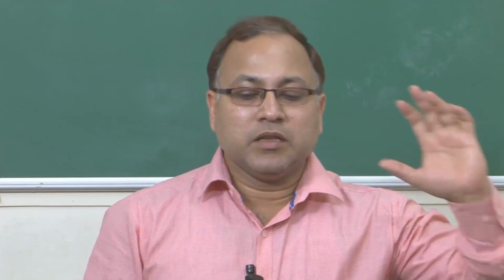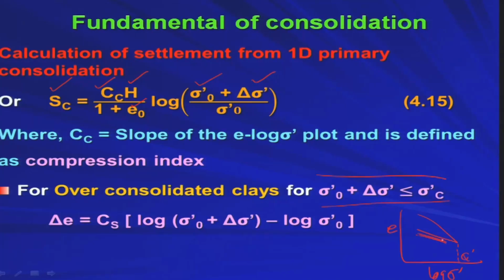In the over consolidated clay, delta e is equal to Cs, some constant, we will see what Cs is, into log of sigma naught prime plus delta sigma prime minus log sigma naught prime. It is as simple as that, because this is again a linear relation, the linear portion under the over consolidated part. So this linear portion can be defined by this expression.